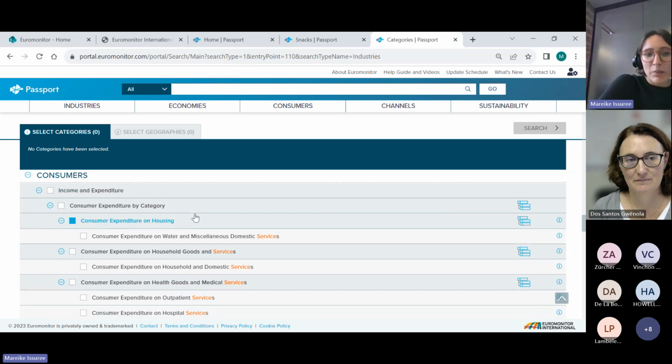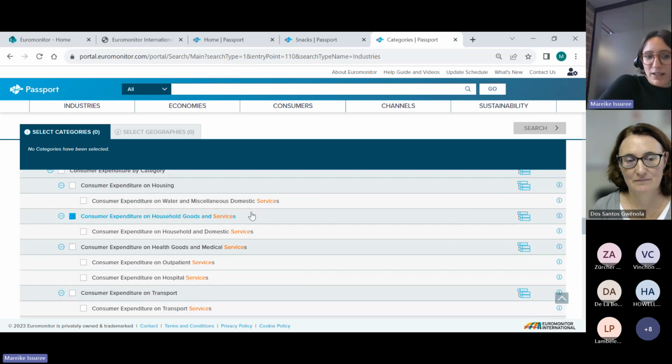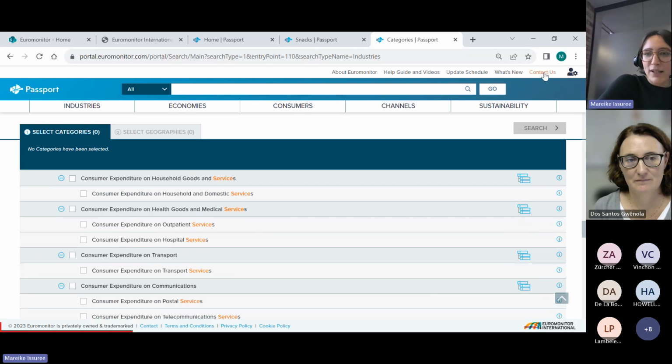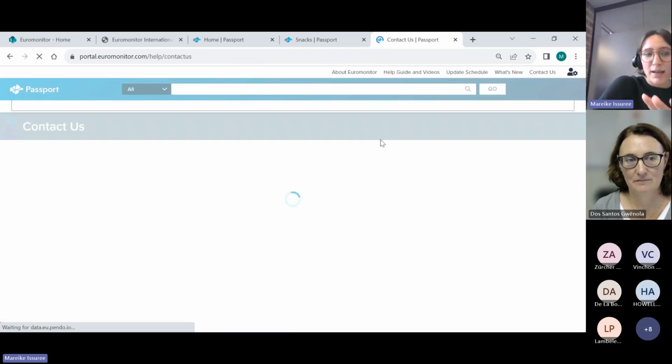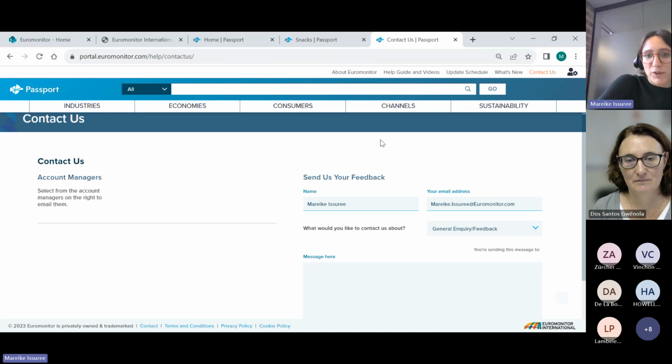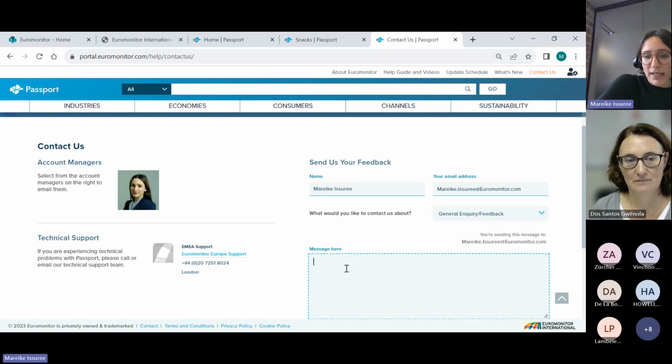If you just want to double check if something's available in Passport, you can always click contact us at the very top and simply send a message, and it will come directly to my inbox. I'm very happy to help with this and I'll do the checks for you if you just want to make sure you've done it correctly.